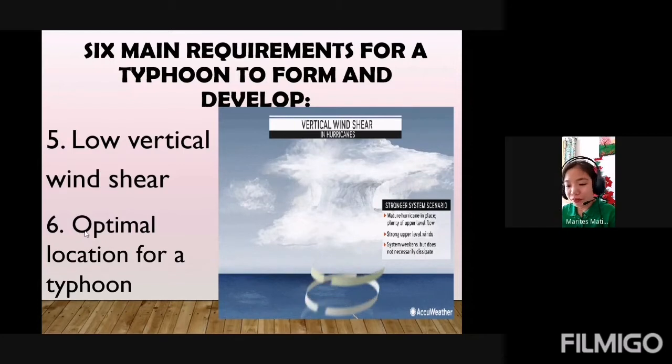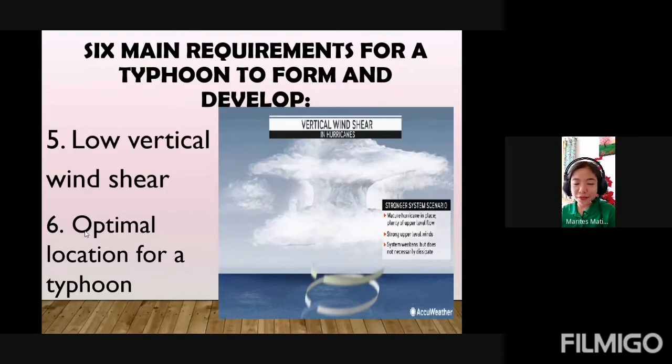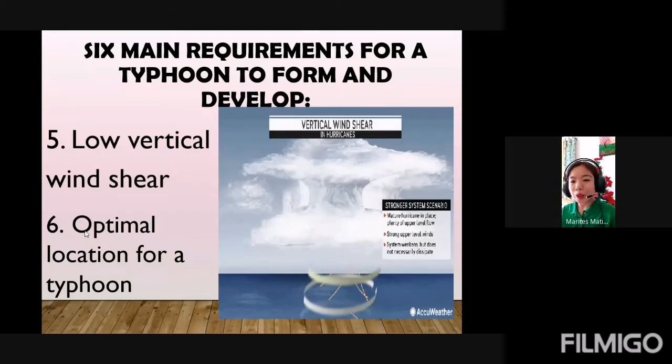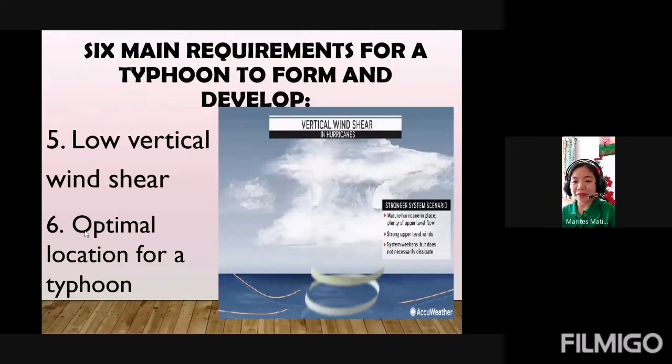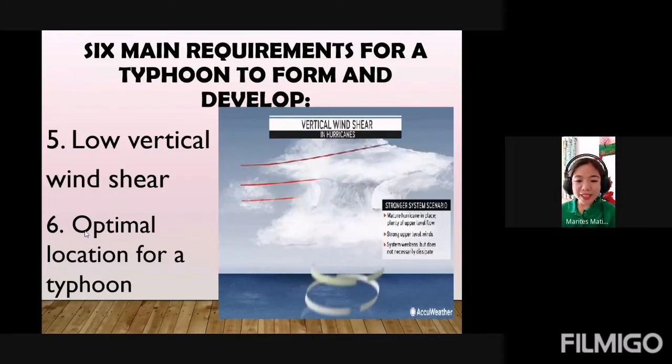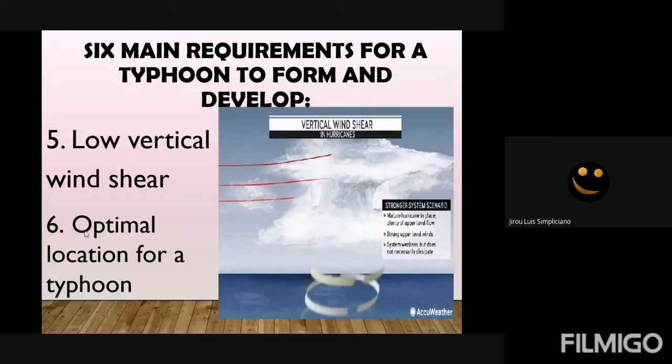And the last, optimal location for a typhoon. Okay, so saan ba dapat nabubuo yung typhoon? O, pag nanonood tayo ng balita, mga anak, okay, where typhoon? Yes, Jiro. Sa oceans po.